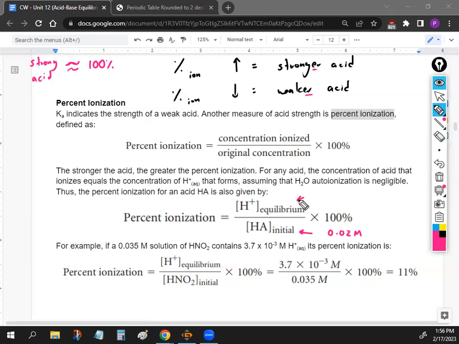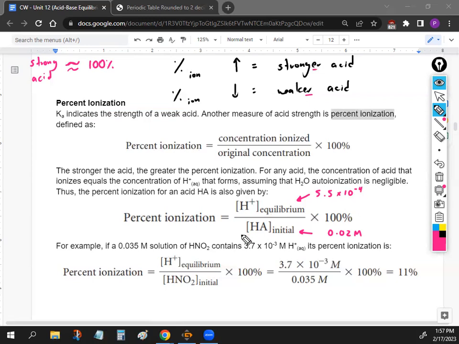But for the numerator, we're talking about how much H plus is produced from your acid. So what's the concentration of H plus that we found at equilibrium? Yeah, about 5.5 times 10 to the negative 4. This is the concentration on your ICE table, the equilibrium concentration, not the Ka. Make sure you keep those numbers straight.